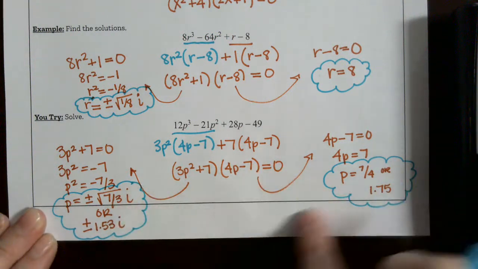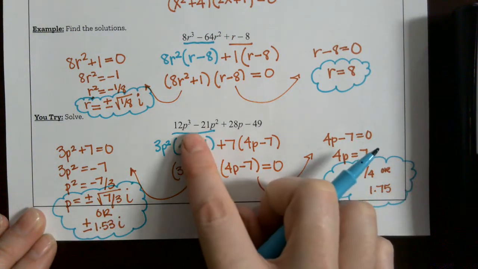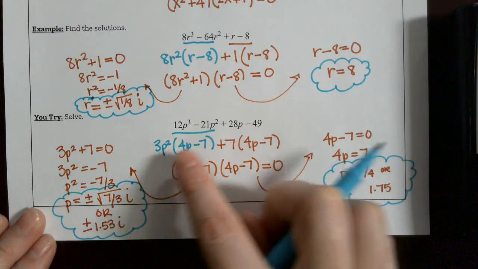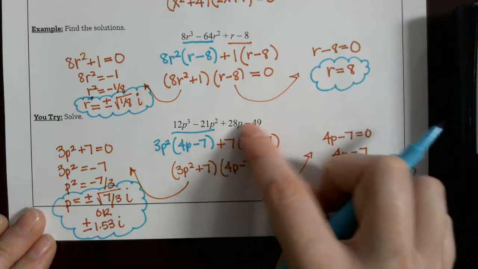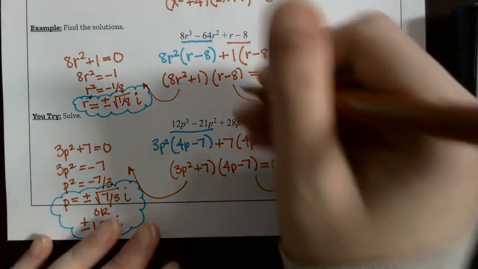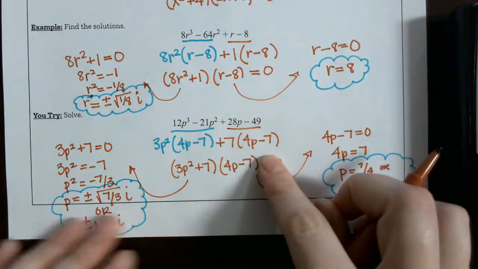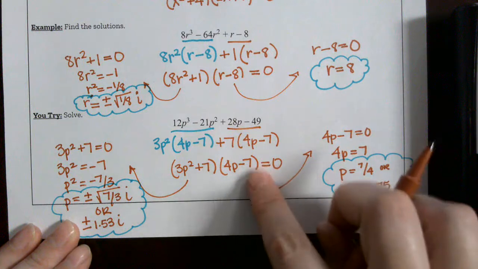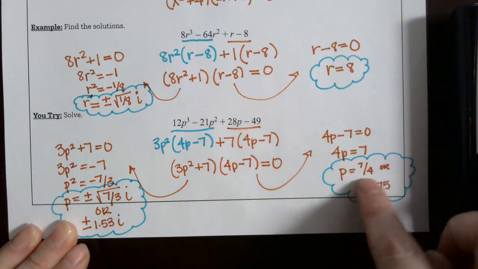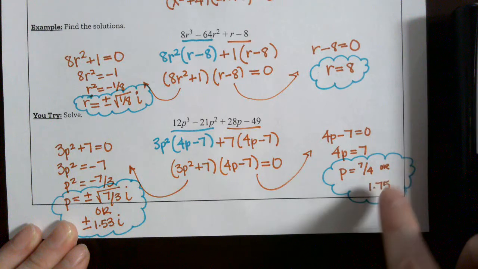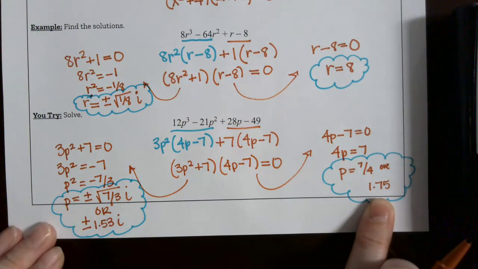All right, and here is the last one. I pulled out a 3p squared as my GCF for this first one, left with 4p minus 7. Pulled out a 7 for my GCF of the second part, and then had 4p minus 7, which gave me my two factors. Over here, when I solved it, I just added 7 to both sides and divided by 4 to get 7/4 or 1.75.